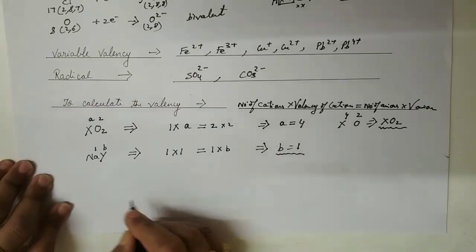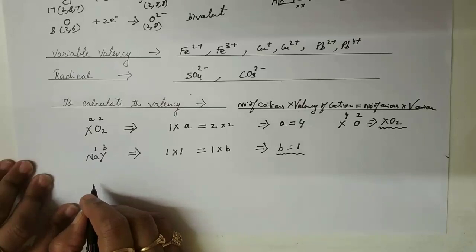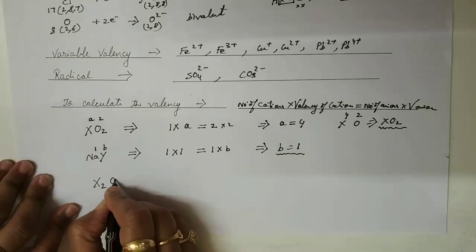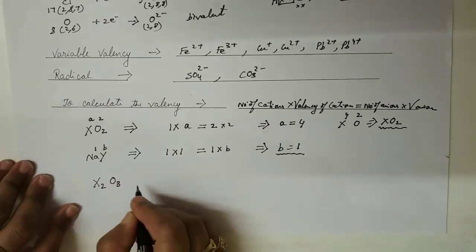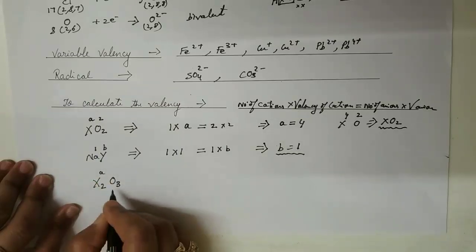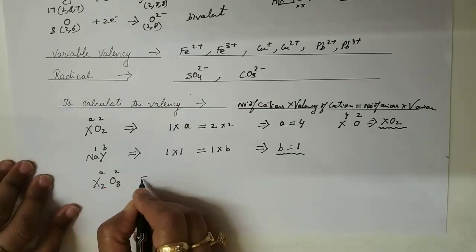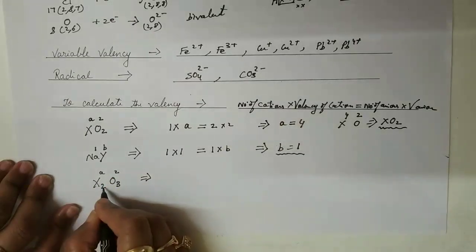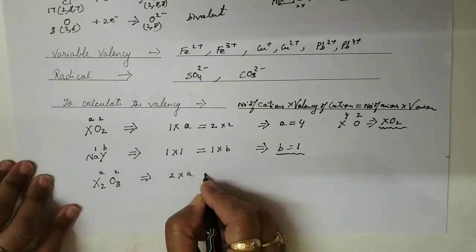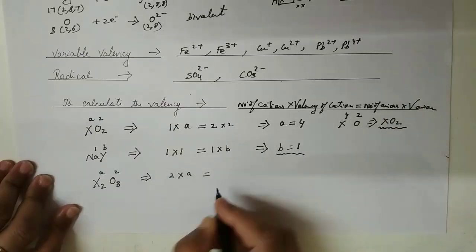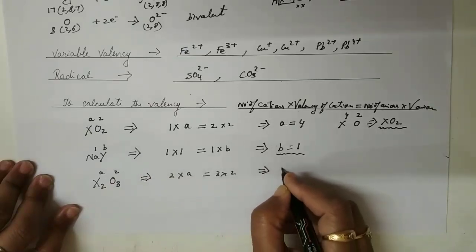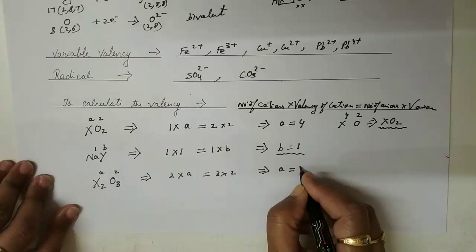If you want, I can give you one more example. Let it be X2O3. Unknown, assume, known, we write. Go by the formula: 2 into unknown is equal to 3 into known, implies A is equal to 3.